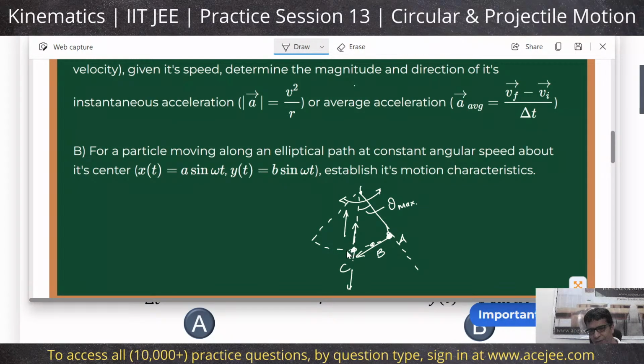Whatever the speed is, if the speed is v at that time, v square by r, no? Because just because the velocity is horizontal doesn't mean the acceleration has disappeared. In a small microsecond, it is changing direction continuously.